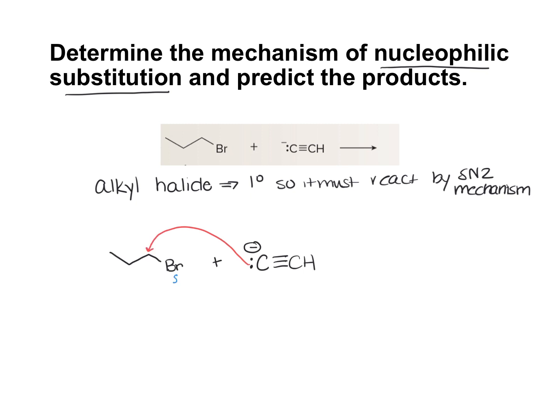Because remember, this is very electronegative. It's going to withdraw electron density. This is very positive. Then these electrons are going to go on the bromine. So when we predict this product, we're going to use those arrows to help show us where we're forming new bonds. So I look here and I say, okay, nothing's changed here, nothing's changed here. Now at this stage, when I look over here, I see there's that red arrow, and that's going to be a new bond to that carbon.